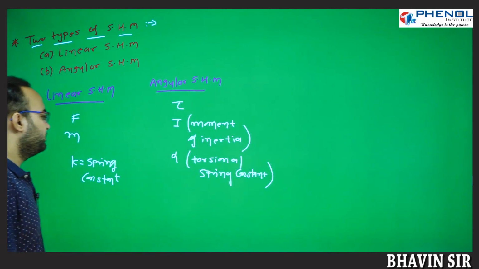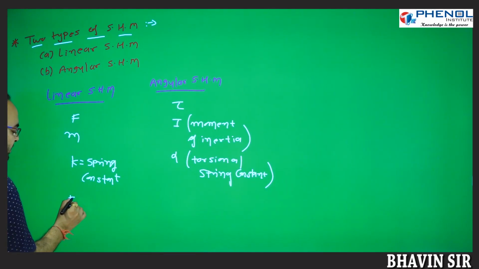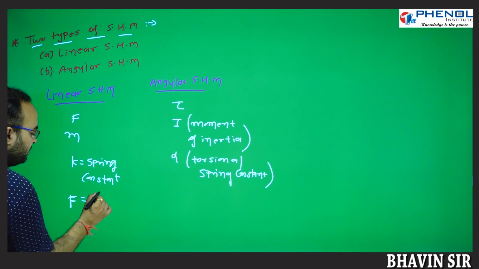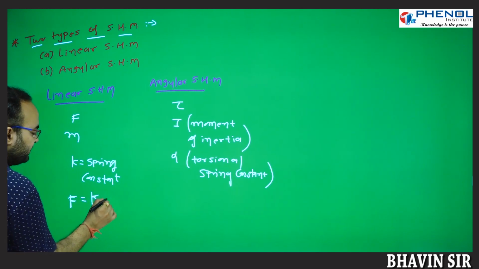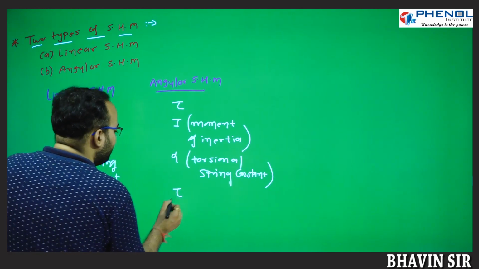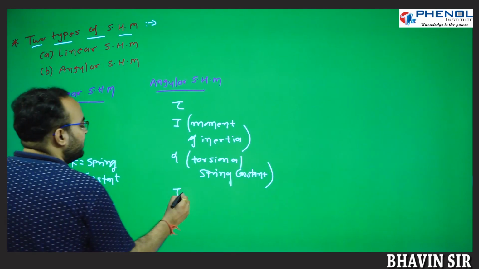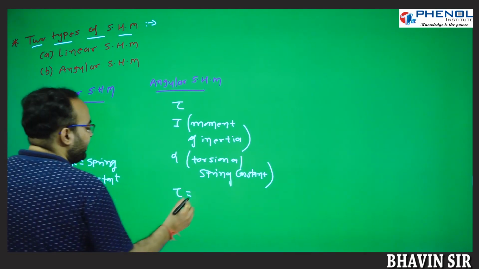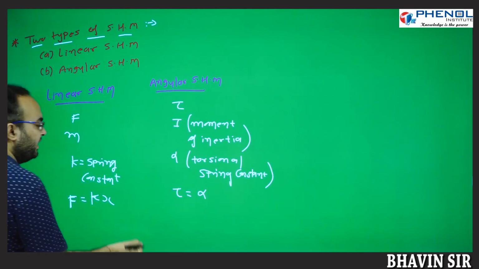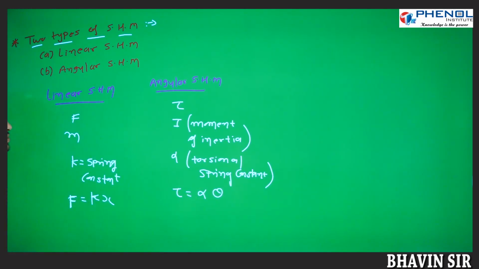So here the formula is F equals kx. Here in place of F we write torque, in place of k we write alpha, in place of x we write theta. So torque is equal to alpha theta. k is spring constant, alpha is torsional spring constant, x is displacement, theta is angular displacement.